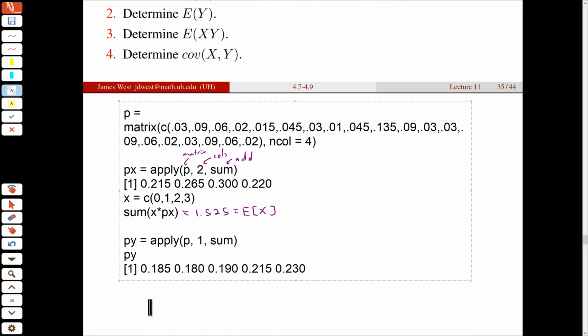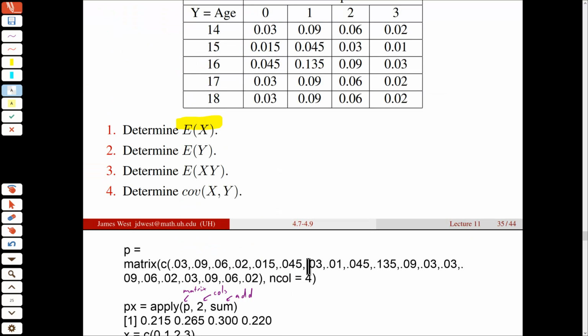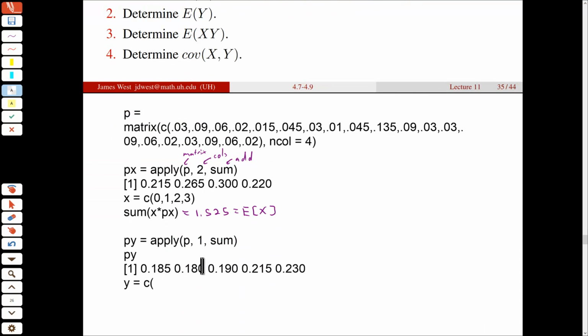And I'll get my probabilities for Y. My possible Y values were 14, 15, 16, 17, and 18.